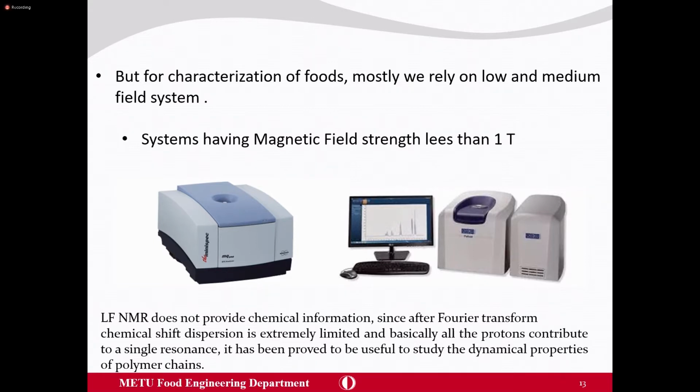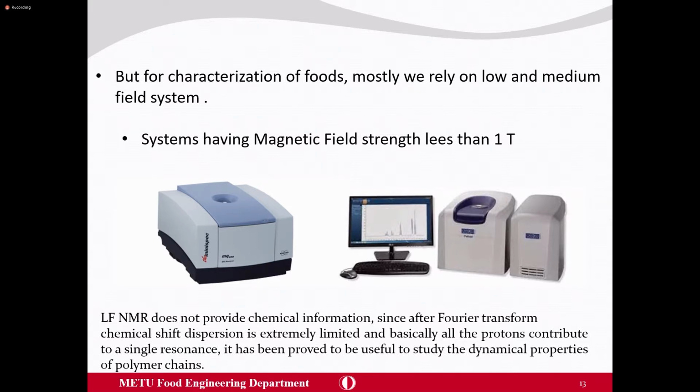But these systems usually operate at 20 to 30, maybe maximum 42 megahertz. That corresponds to 1 Tesla. And these are known as low field systems. So LF NMR, low field NMR, is usually the term that you may see in the literature, in the publications.